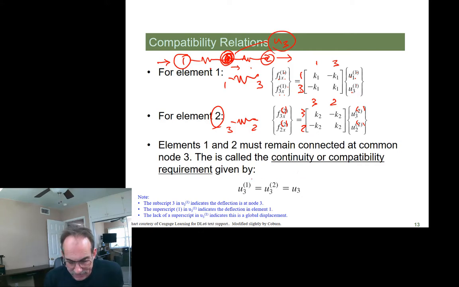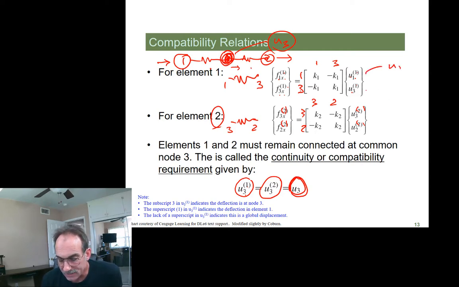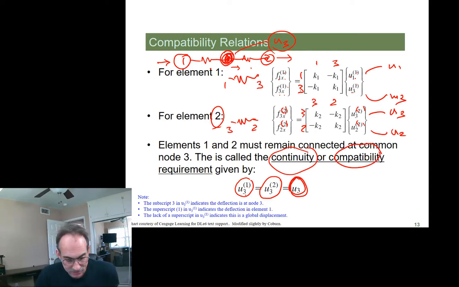So the displacement at 3 in element 1 and the displacement at 3 in element 2 have got to be the same, and we can just call it the displacement at 3. You see that? So this is really U1, this is really U3, this is really U3, and this is really U2. These are called continuity or compatibility constraints. Okay? So imposing that, we recognize that that's true.